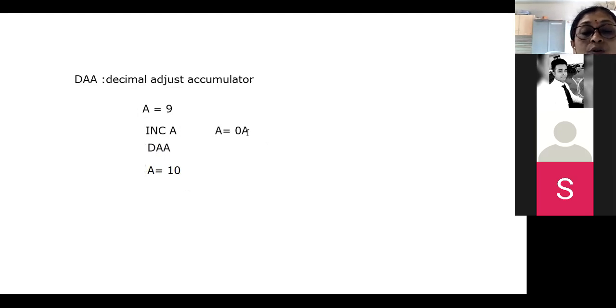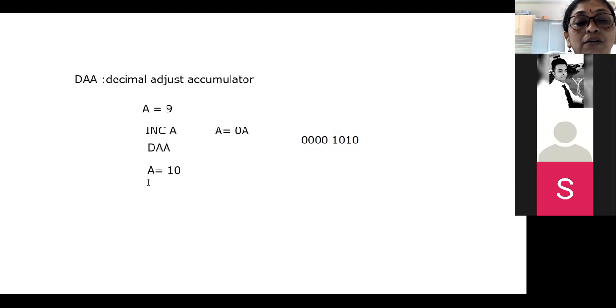Actually, what does the DAA instruction do? Here you can observe, what is the binary equivalent of 0A, students? It will be 0000 1010. So this is the binary equivalent of 0A.